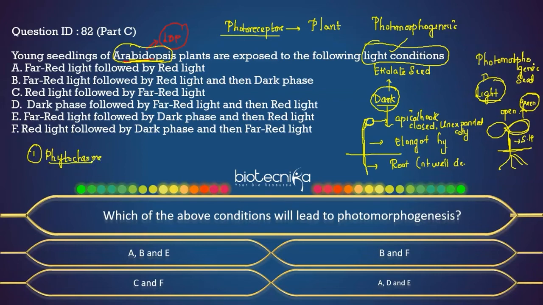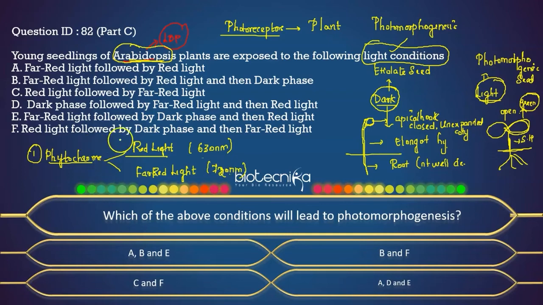We know phytochrome is a dimer which absorbs two important lights. One is red light and the other is far red light. Red light is usually in the wavelength of 630 nanometer, and far red light is 720 to 730 nanometer.